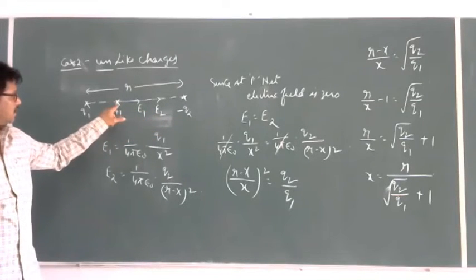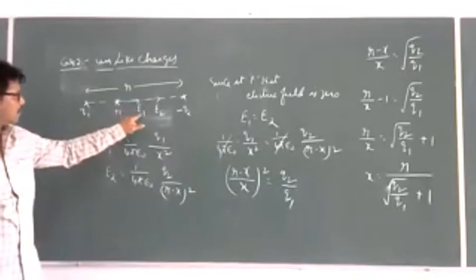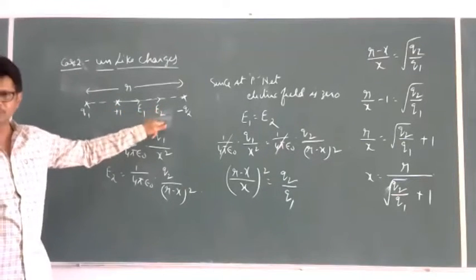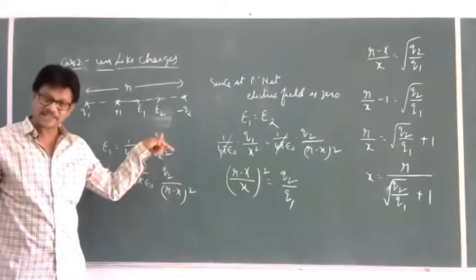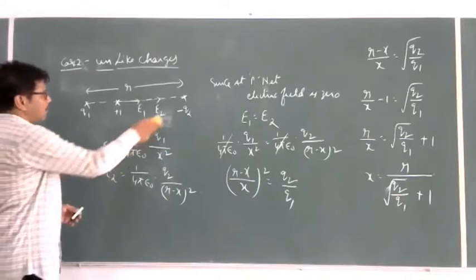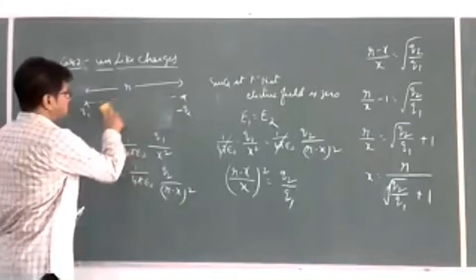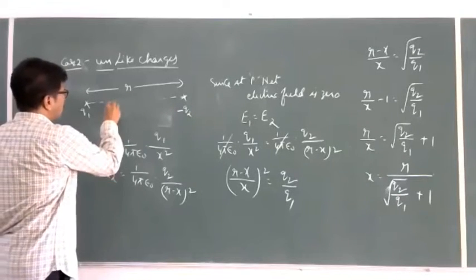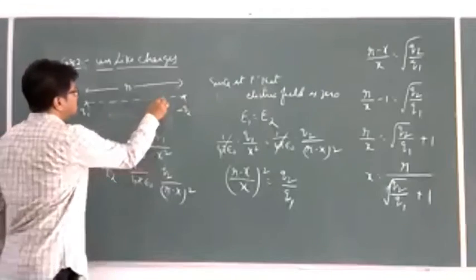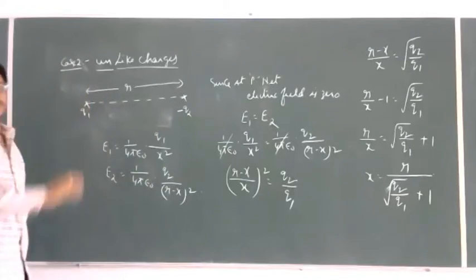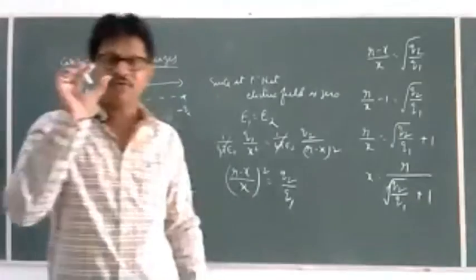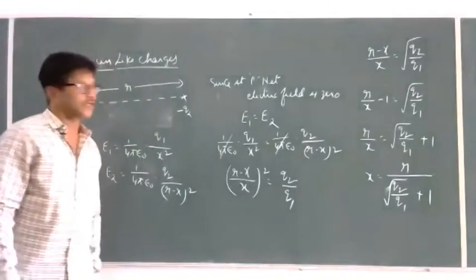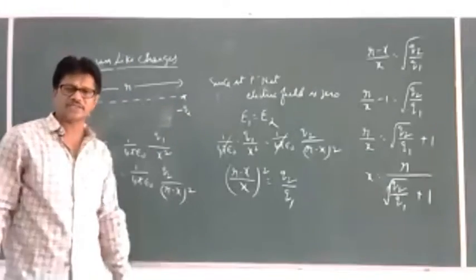What will be the resultant electric field at this point? The sum of these two, E1 plus E2, because of the same direction. That's why the point we consider will not be between these two; it will be outside of these two. In case of forces also we discussed the same.